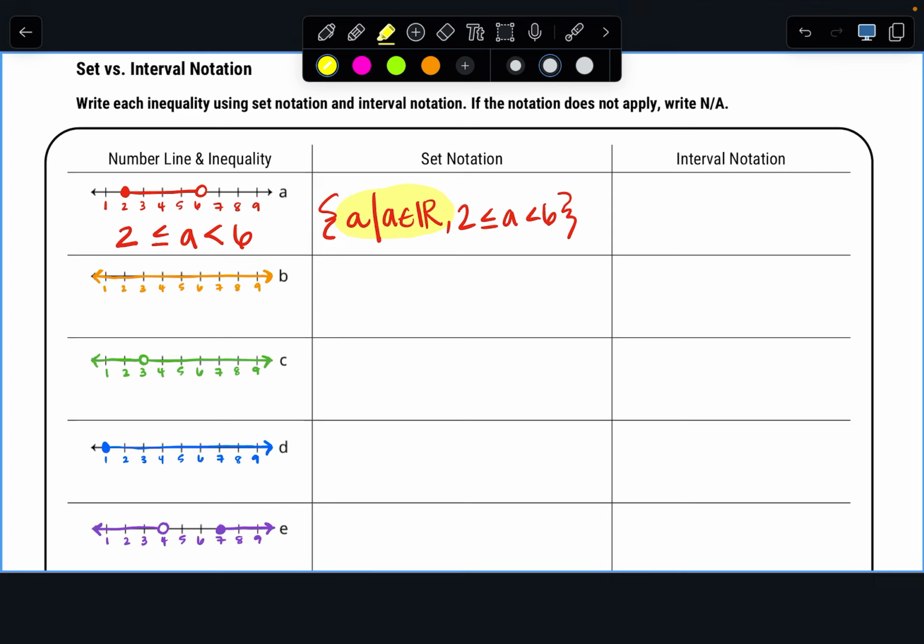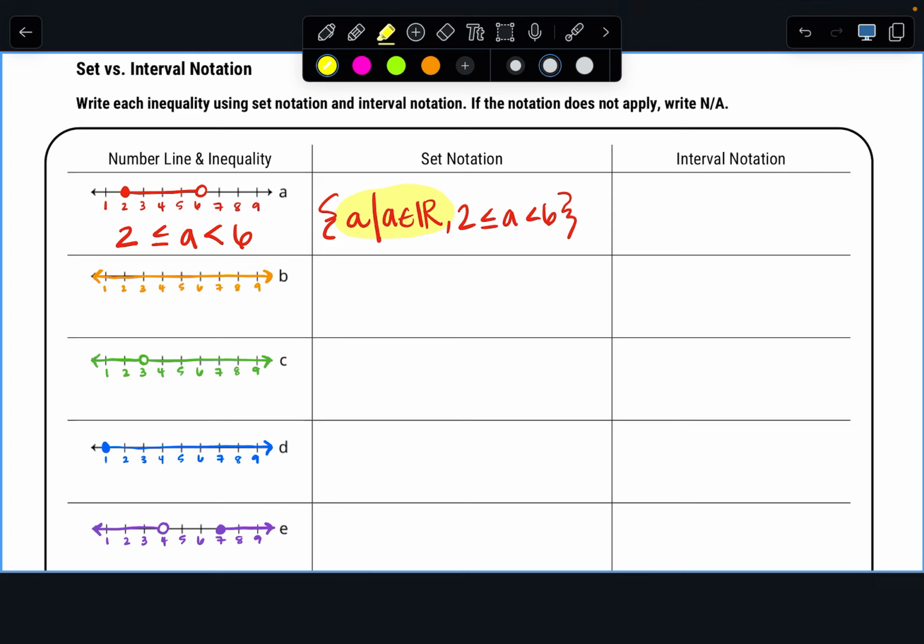Way back in like 8th grade, you talked about sets of numbers. So we have rational numbers, we have irrational numbers, we have whole numbers, we have counting numbers. Real numbers just means anything is fair game. Anything from negative infinity to positive infinity. But all of our notations start off this way.